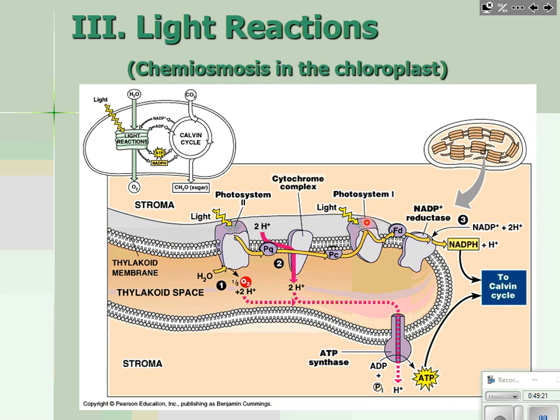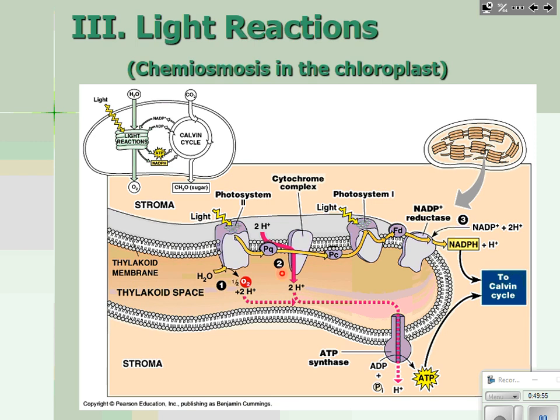Now those electrons get re-excited in photosystem 1, and the high-energy electrons travel to NADP reductase, and they get added on to an NADP+, which makes NADPH. ATP and NADPH are the two high energy molecules which are required by the Calvin cycle. They're going to be used up in the Calvin cycle.